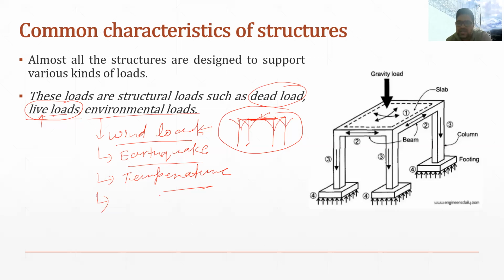So when we design our building in a hilly area where snowfall may occur, we design our building so that it can resist the load of snowfall also. So these loads come under the category of environmental load. Basically our structure is designed to resist all these three broad categories of load: the dead load, live load and the environmental load.